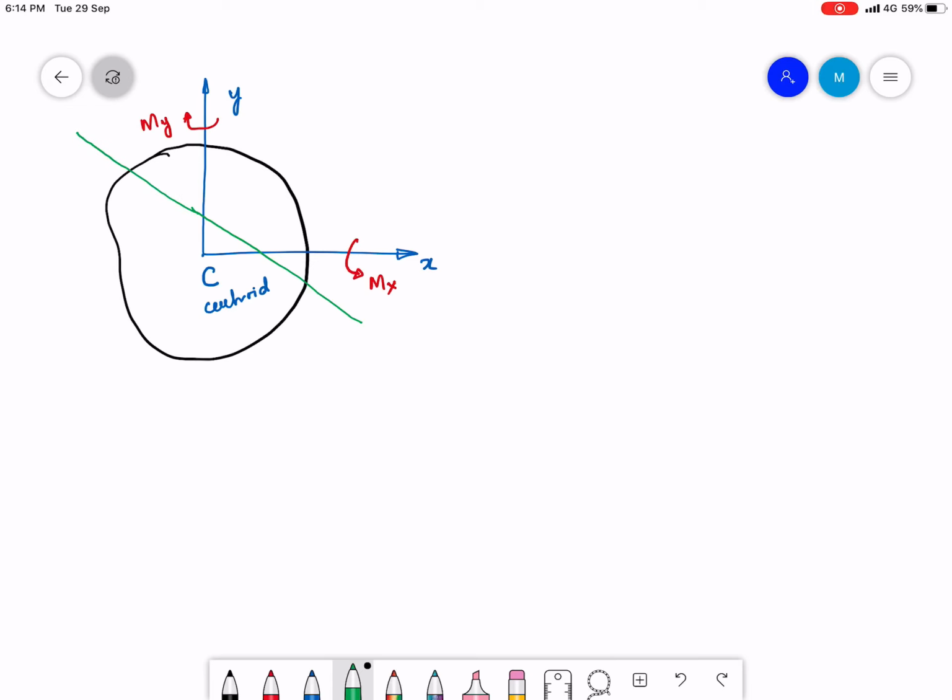So this is my neutral axis. Now I take a small elemental area dA.